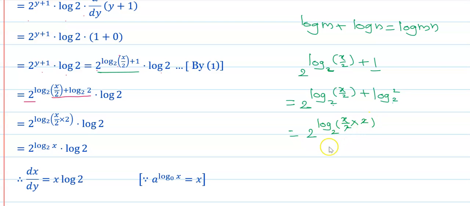This 2 will get cancelled. Then what you will get? That is 2 raised to log of x to the base 2, and overall you will get x.